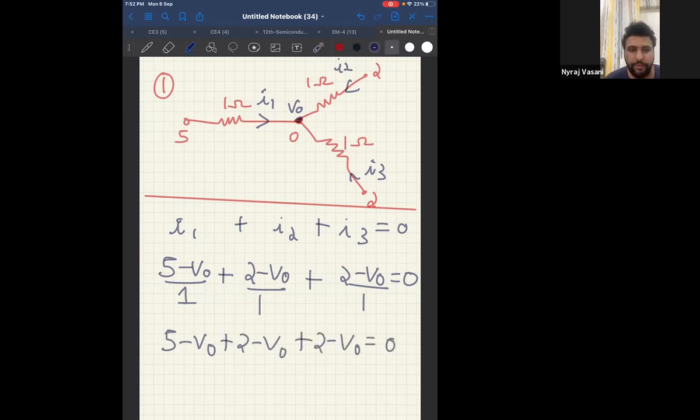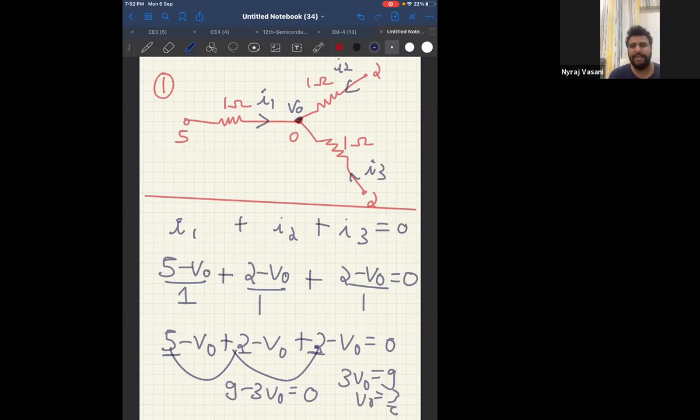If you are using this uniform logic, getting this equation, all of you, now there is no confusion. Now, 5 plus 2 plus 2, 5, 7, 9 minus 3 V0 equal to 0. 3 V0 equal to 9 or V0 equal to 3 volt. Answer will become A. Check.